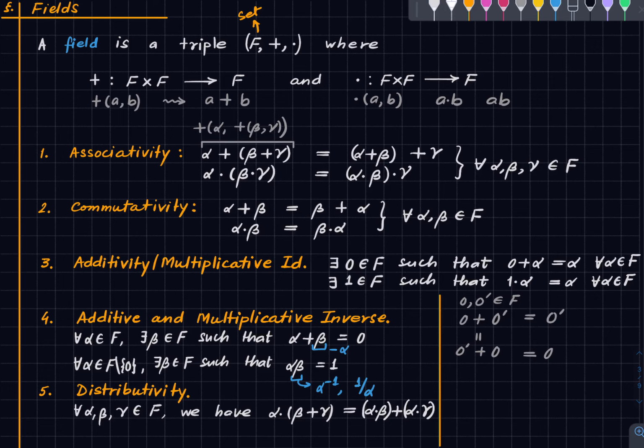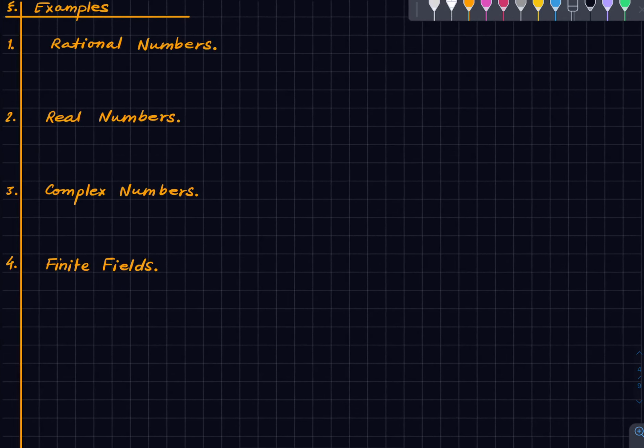Okay, fine. So let's look at examples of fields. Well, I'm not going to say anything very, very new. Rational numbers. So when we say rational numbers are fields, we mean rational numbers equipped with the usual addition and the usual multiplication. This is a field, this triple, because a field necessarily has to be a triple.